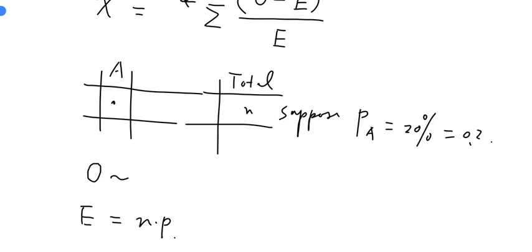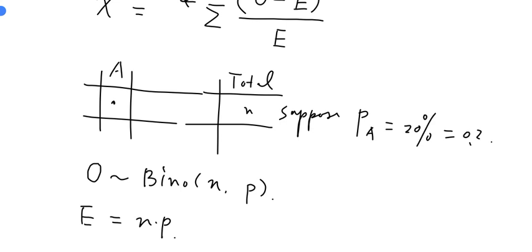So this observed value actually follows a binomial distribution. We try n times, and each student's grade can be A with percentage p, or a 20% chance.